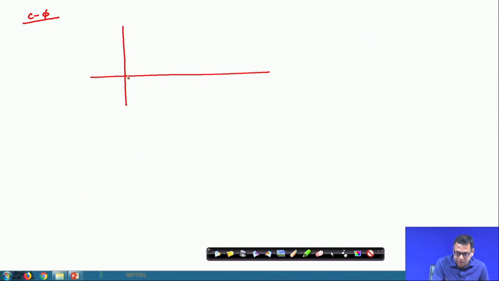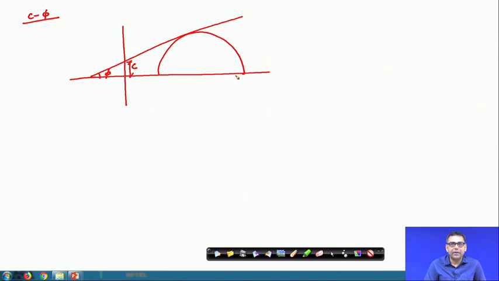Now, if it is a c-phi soil, I can draw this Mohr circle, but here it will not pass through the origin, because it has a c value as well as the phi value. This is the phi value and this one is the cohesion c. This is your Mohr circle, this is sigma 1, this is sigma 3, and this is the center.